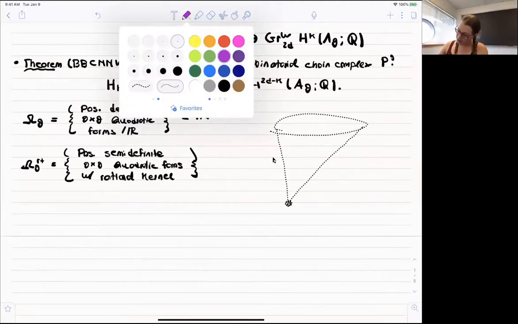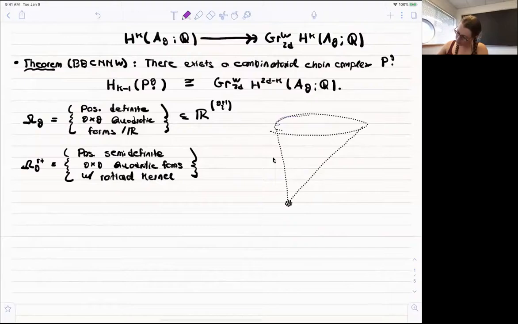It isn't itself closed because the closure of this cone would be the set of all positive semi-definite matrices. But for example, it throws in things like the cone point. The cone point would correspond to the matrix of all zeros, and that matrix is positive semi-definite, and it has rational kernel.